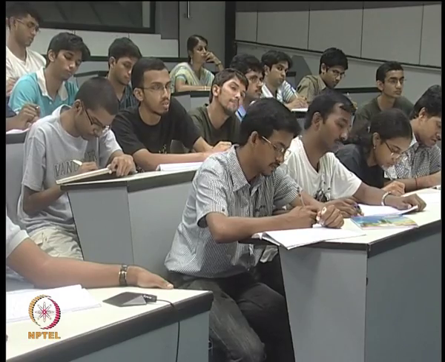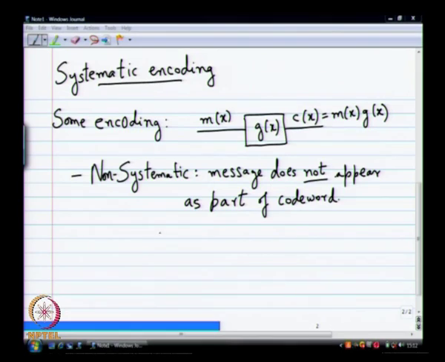So what I'm going to describe now is another way of encoding cyclic codes. In this other way of encoding, m of x will not map to m of x into g of x, but it will map to some other q of x into g of x, but it will still be a one-to-one map. So the way you come up with this is, you go from m of x to some other q of x.